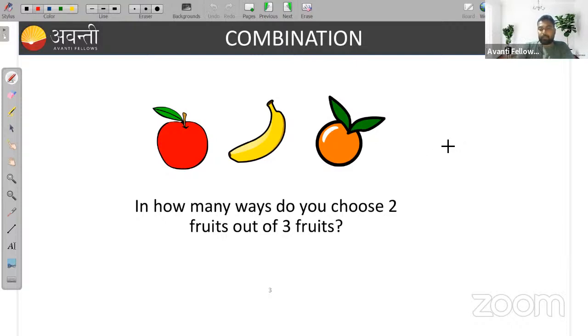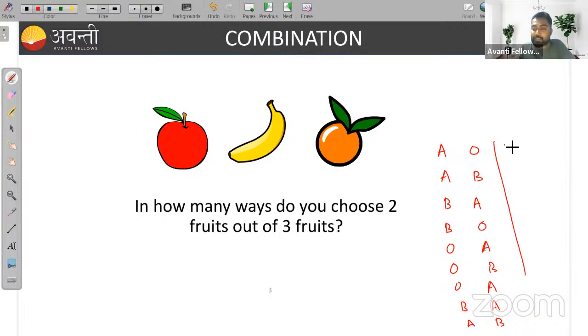This is how we can choose. We'll choose apple first with orange, apple with banana, then banana with apple, banana with orange, then orange with apple, orange with banana.